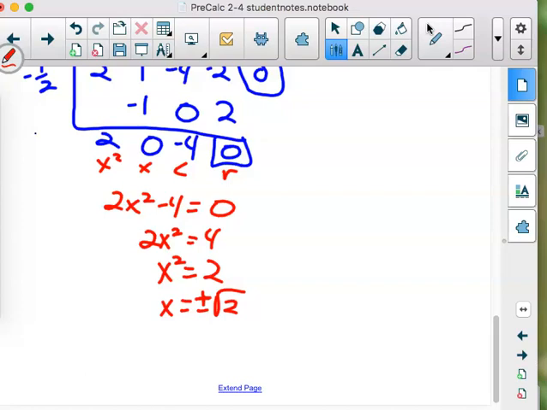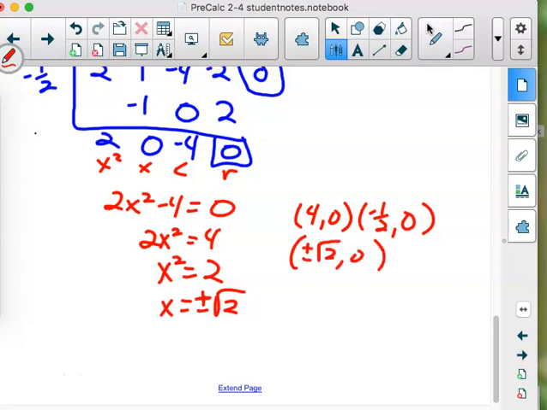So now, let's see, what did they ask us to do? Because if they said, let's find all the zeros, then we want to write these as zeros. Find all the real zeros. So let's stop and write. We had 4, 0, and negative 1/2, 0 that we found and verified with synthetic. And then I'm going to write it as plus or minus the square root of 2, 0, because I think everybody can see there's 2 zeros here.